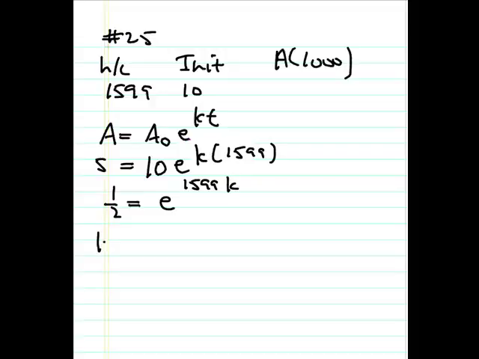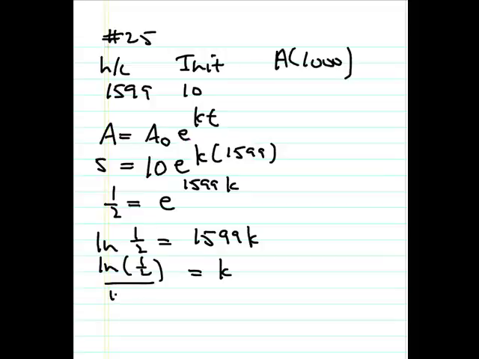Take the natural log of both sides. So natural log of 1/2 is equal to 1599k. So k is going to be the log of 1/2 divided by 1599. And you're typically going to see that written as negative log of 2 over 1599.